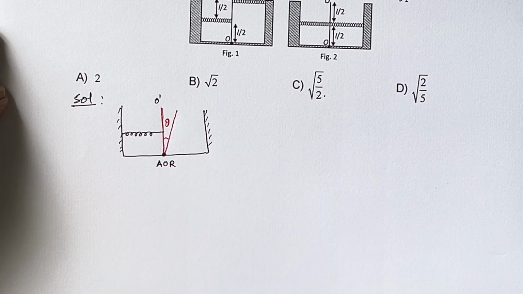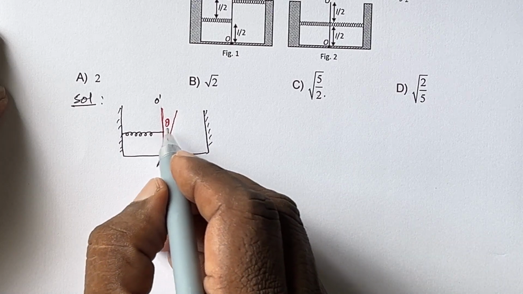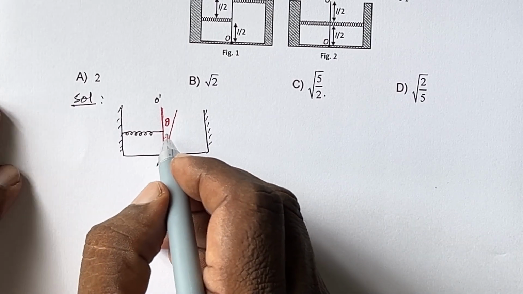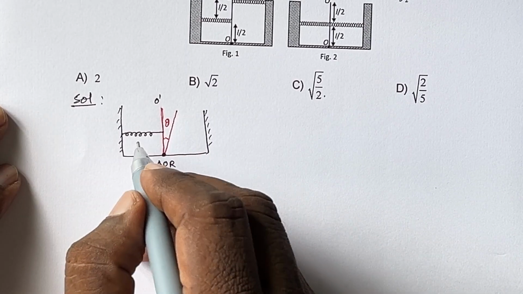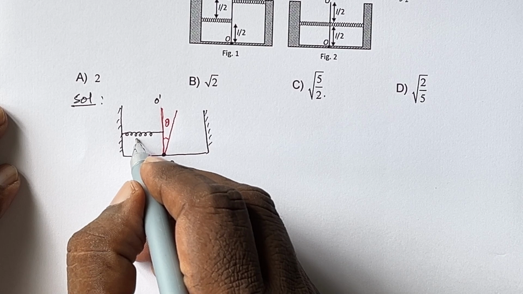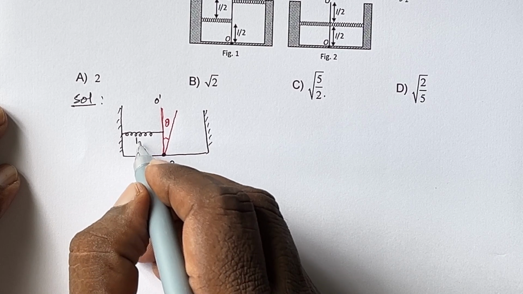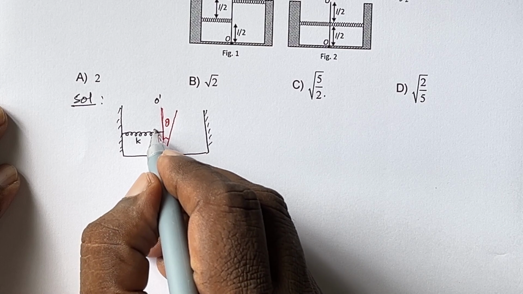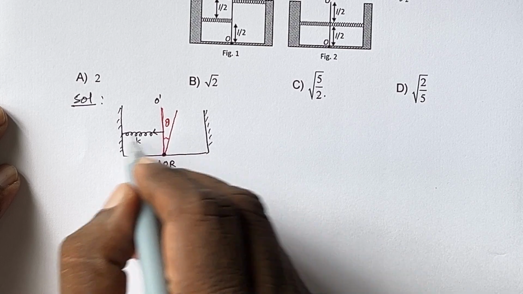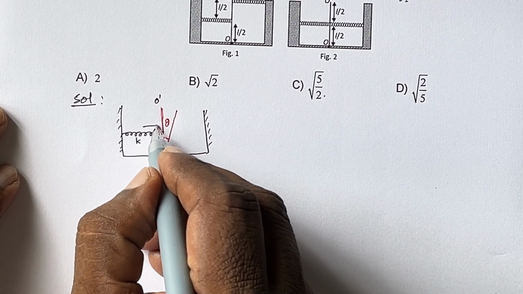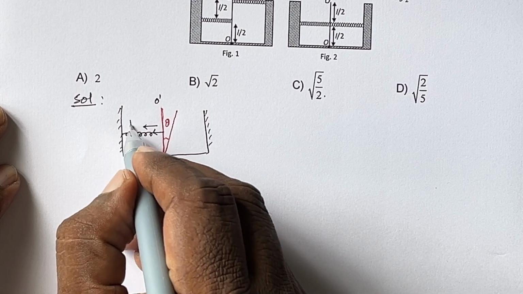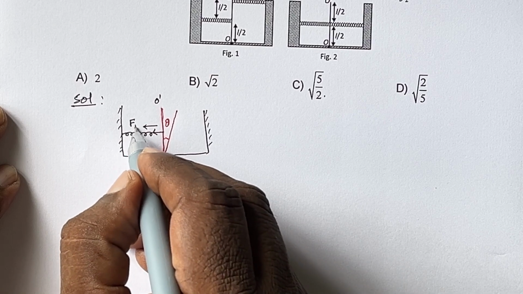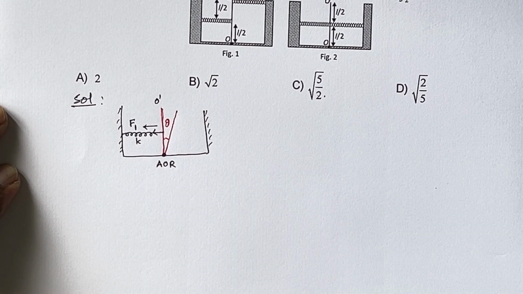Whenever we displace through some small angular displacement theta, let us take the spring constant as K. Immediately a restoring force will act in the opposite direction. The restoring force in the spring here, I will say F1, is of the first spring.